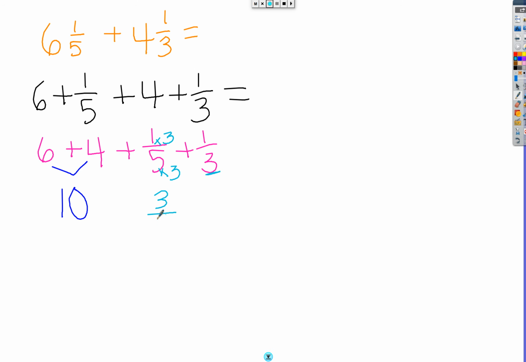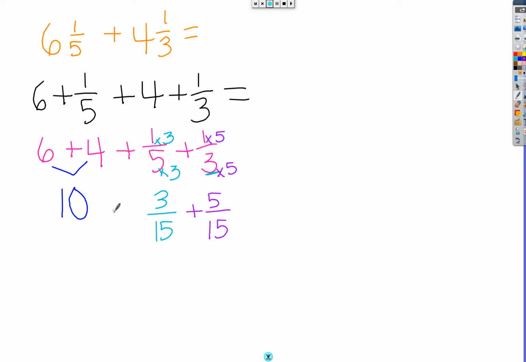So I get 3/15. And then over here, I would need to look at that number and say, well, if I multiplied to get 15 as my common denominator, then this one I would multiply by 5 to get a common denominator of 15. And then we end up with plus 5/15.